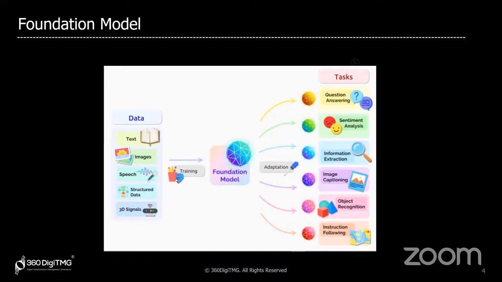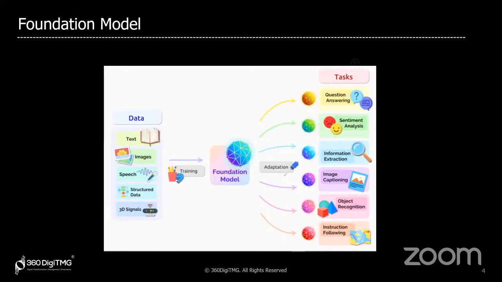After that, in the adaptation phase, our foundation model is adapted, or we can fine-tune it for a specific task. Like if we want our model to be trained for question answering, or for a sentiment analysis task, or for information extraction, or image captioning, or object recognition, or instruction following.